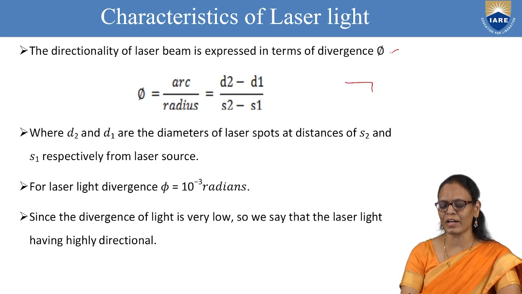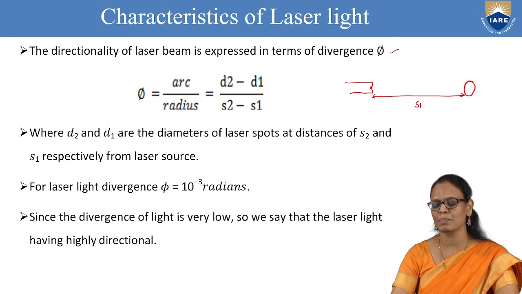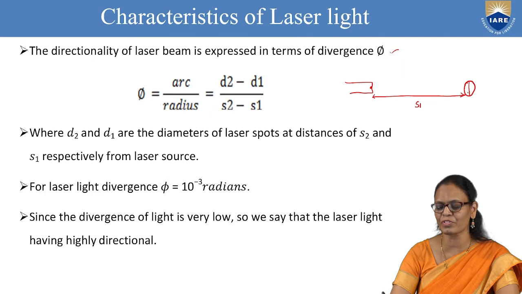Suppose we have a laser source here. Now I take a distance of S1. It may spread through this much diameter, so the diameter of this is denoted by D1.